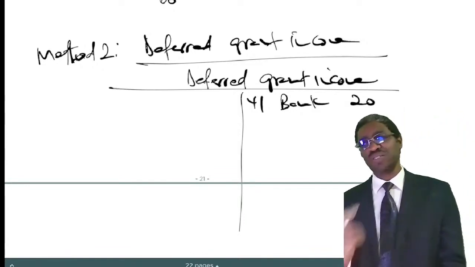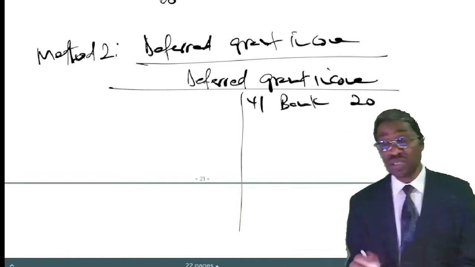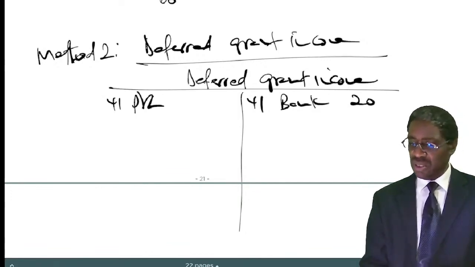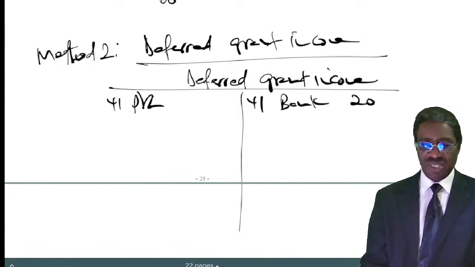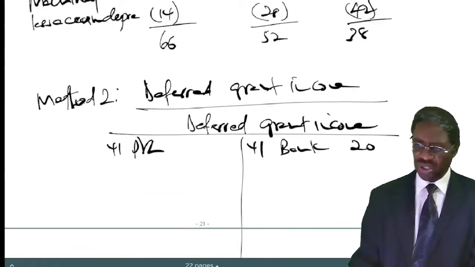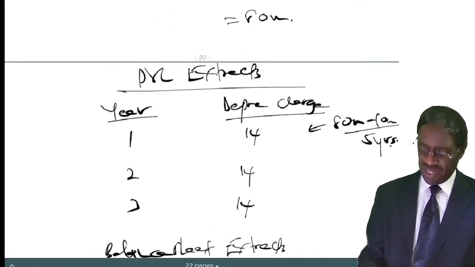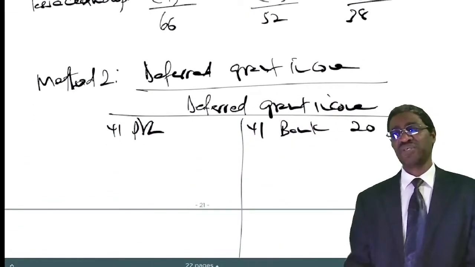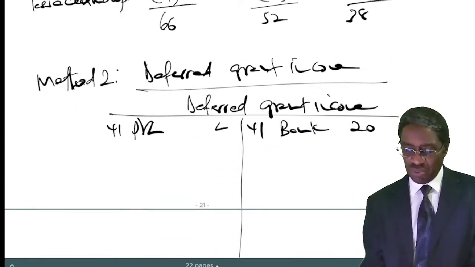So by end of year 1, how much am I transferring to the P&L account? Over the useful life, the useful life was, I think, 5 years. Sorry, not 10. Yes, 5 years. So we divide that by 5. So we are recognizing 4.